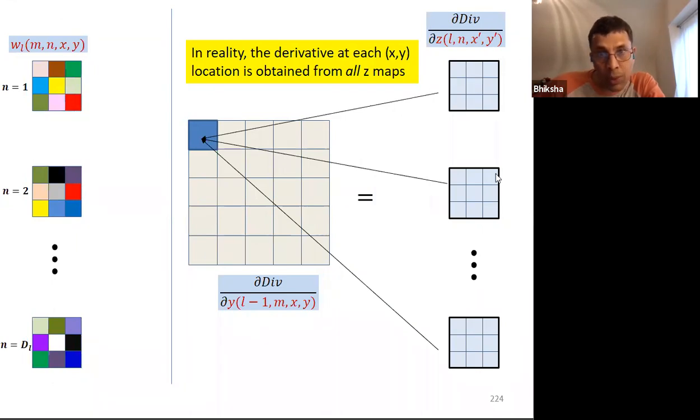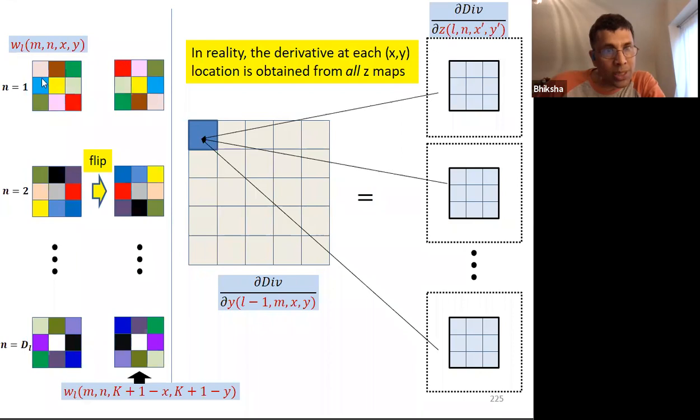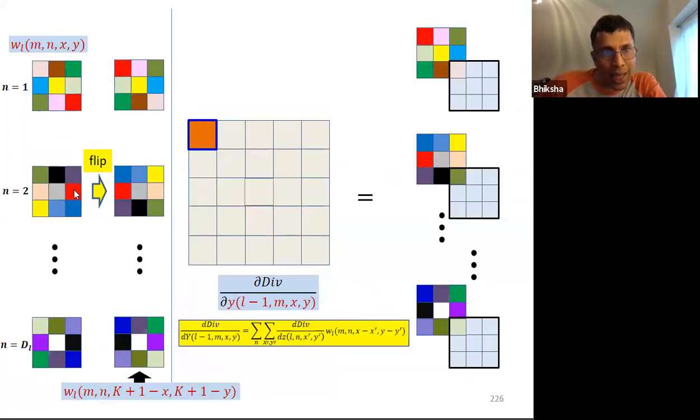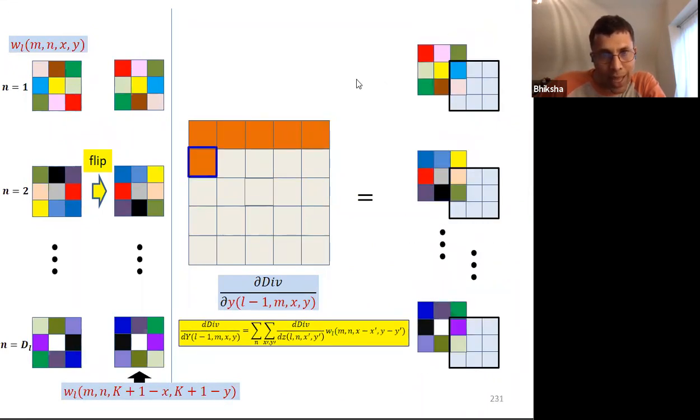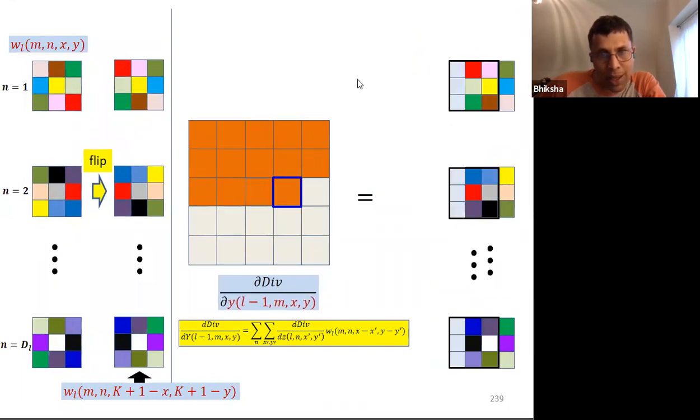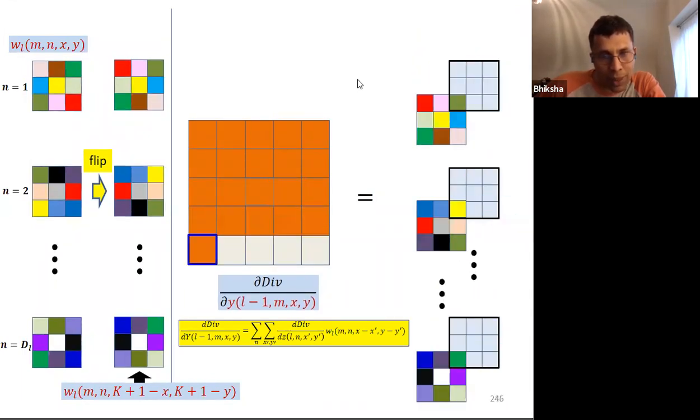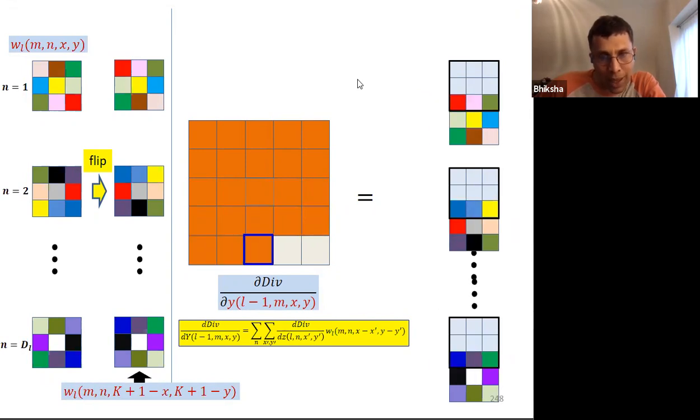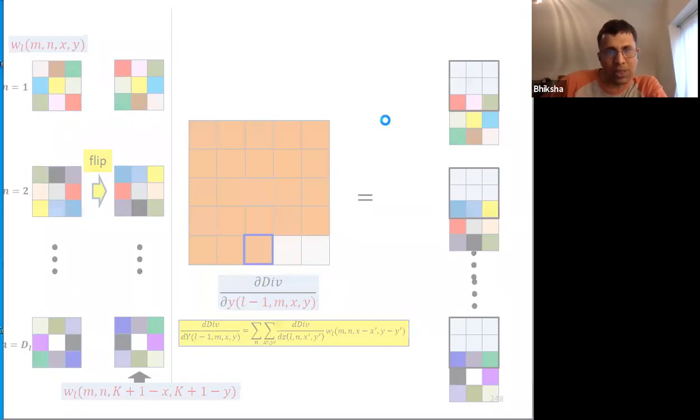I'm going to have one of these for every one of these, because I have as many filters as I have affine maps. The first thing I will do is flip each of these left, right, top, bottom. I will zero pad each of these. Then I'll place these flipped filters over here, compute the inner product, and sum over the entire lot. And so this is the actual computation that happens when you compute the derivative for the mth activation map of the L-1 layer.